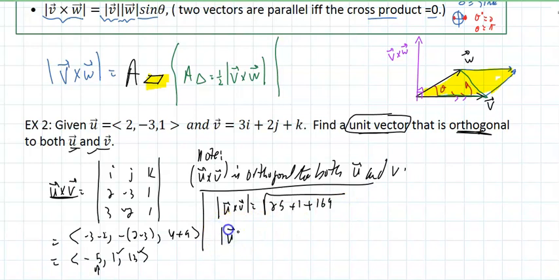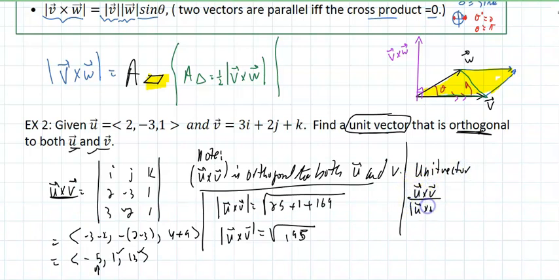So the magnitude of u cross v turns out to be the square root of 195. And my unit vector would be u cross v divided by the magnitude of that vector. I know it looks messy. So 1 over the square root of 195 times negative 5, 1, and 13 will do.